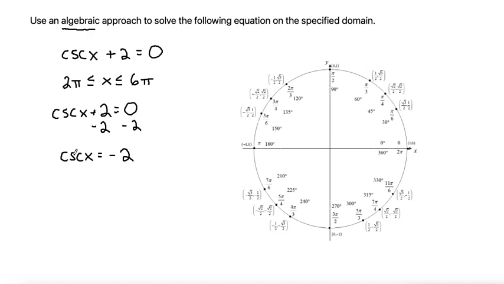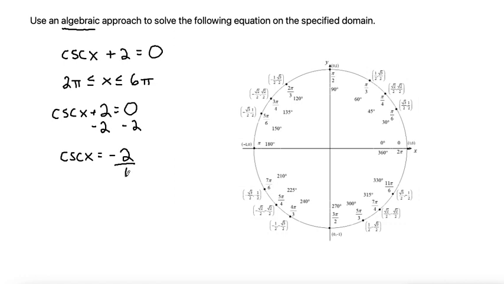Since cosecant is the reciprocal of sine, we can either write this as 1 over sine is equal to negative 2, or we can write it as sine is equal to negative 1 over 2. So there's two different ways that we could do this.